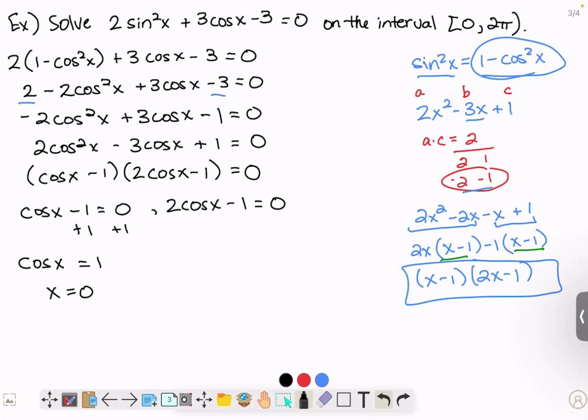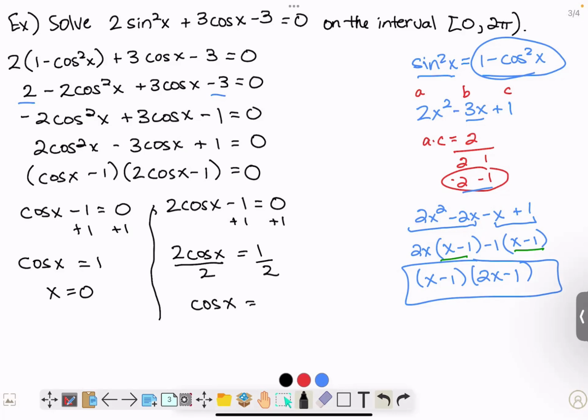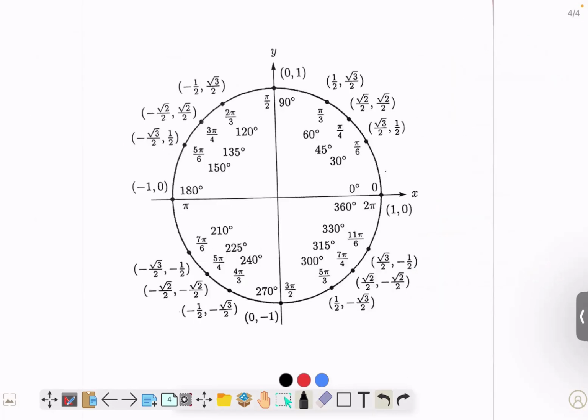All right, let's solve the second equation. I'm trying to isolate the cosine, so we're going to add 1, and then we need to undo this multiplication by 2, so we're dividing by 2. Now we're looking for where cosine equals 1/2. Cosine is my x coordinate, and I'm going to look just at one trip around the circle, between 0 and 2 pi.